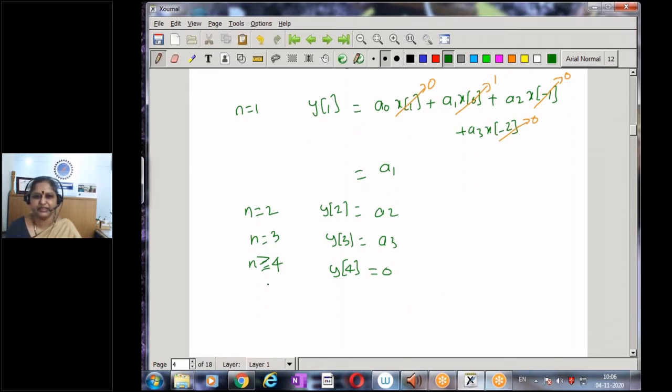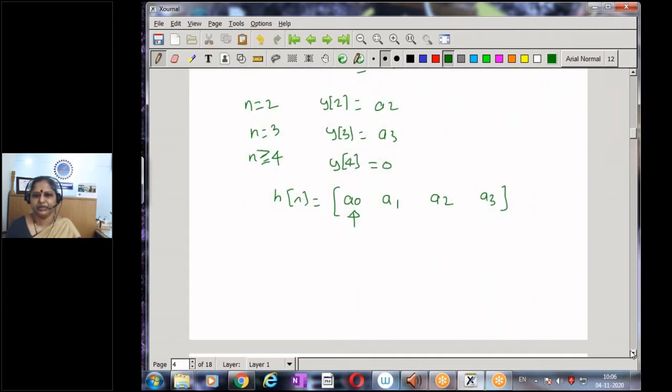So we have the final result, my impulse response h of n, putting all the values: y0 was a0, y1 was a1, a2, a3, and this is my origin.